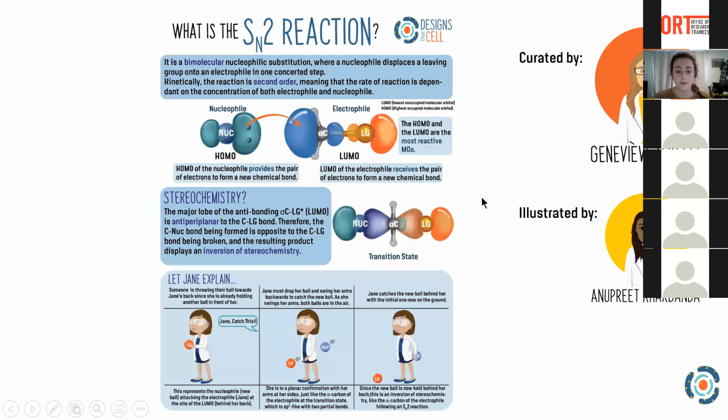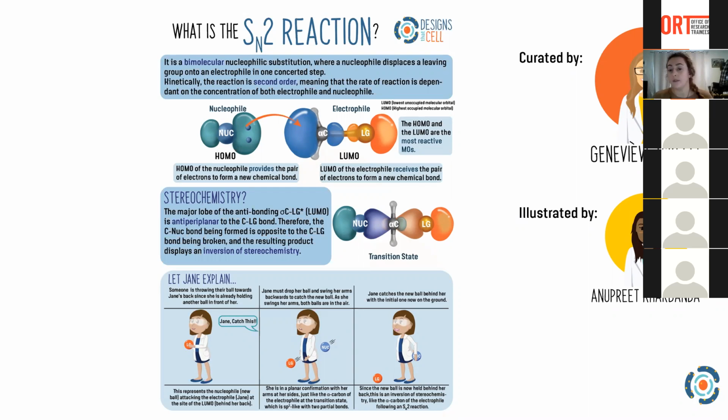An example of that is this infographic that was again done this summer with a COVID internship that was curated by Genevieve and illustrated and also curated by Anya Preet, who are both chemists. If anyone can remember without having PTSD about organic chemistry in undergrad, this is the SN2 reaction. But specifically, I want to point to the panel on the bottom, where we have let Jane explain.